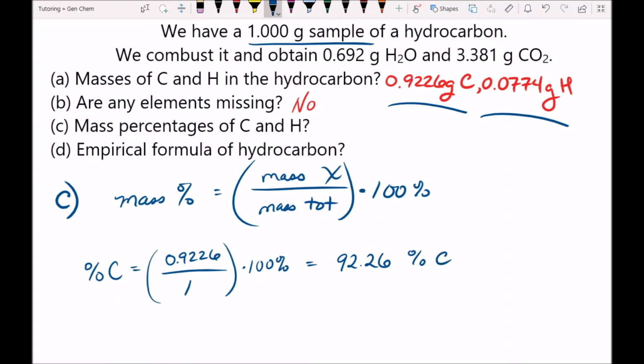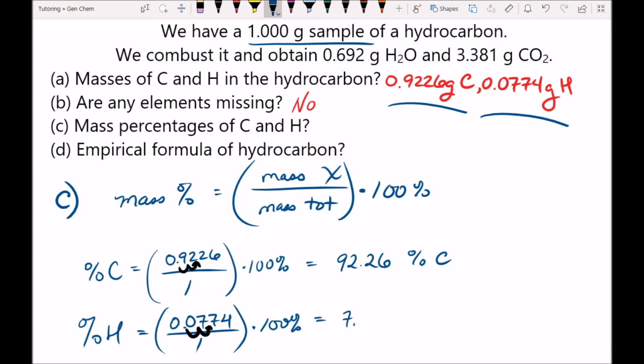92.26% carbon by mass, and our percent hydrogen is equal to our mass contributed by hydrogen in the compound divided by our total mass, which is 1 gram, multiplied by 100%. Multiplying by 100% is the same as moving this decimal point over 2 places. Because if you think about it, we're multiplying by 100, so we're making this small number larger by 2 factors of 10, which is 2 decimal places.